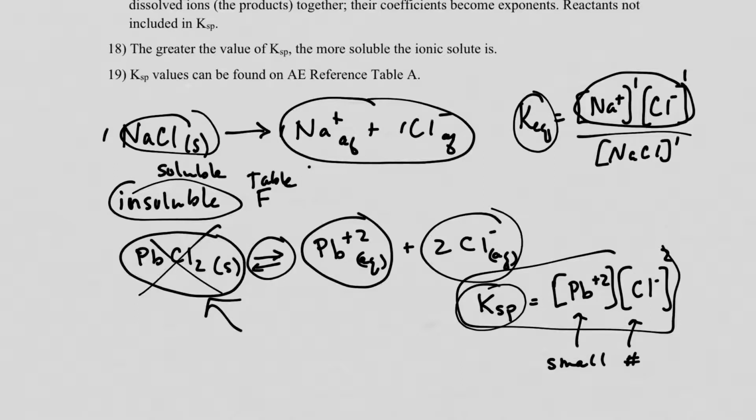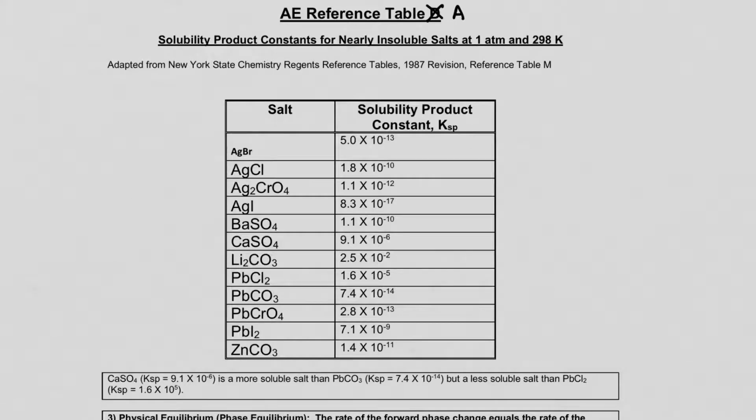So if you go to AE reference table A, you can see that the Ksp for the substance we just looked at, lead chloride, is 1.6 times 10 to the negative 5. So if I ask you to compare the solubility, who's more soluble, lead chloride or silver iodide?